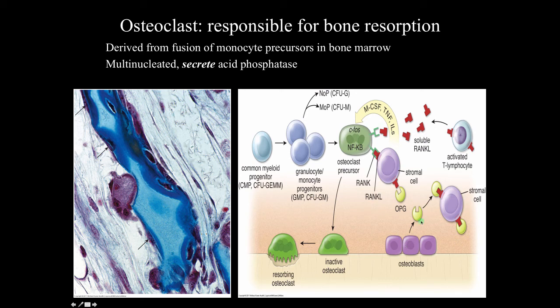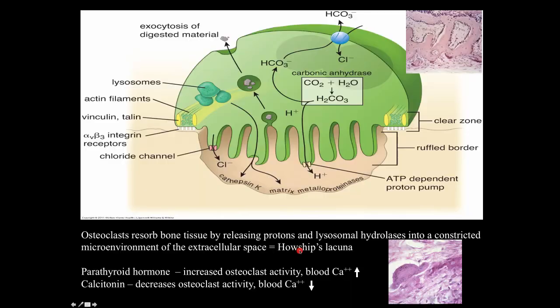Well, it turns out that osteoblasts secrete cytokines that will stimulate stromal cells to influence osteoclast precursors to respond to RANK ligand. This RANK signaling stimulates osteoclast differentiation. Here would be the inactive osteoclast, which will eventually differentiate into the active osteoclast.